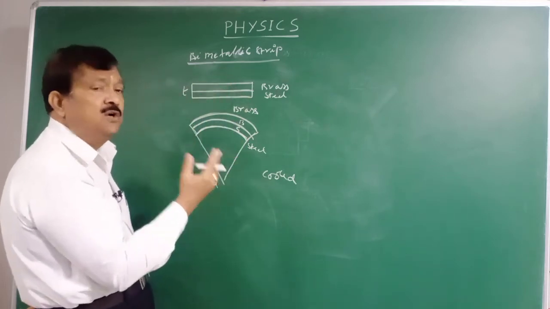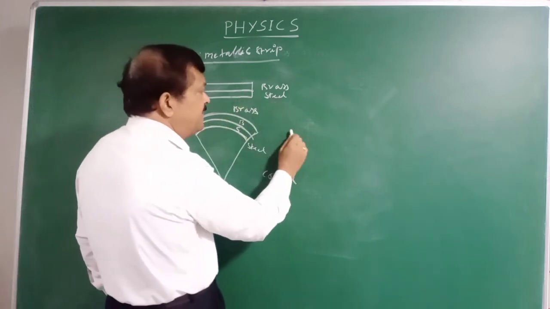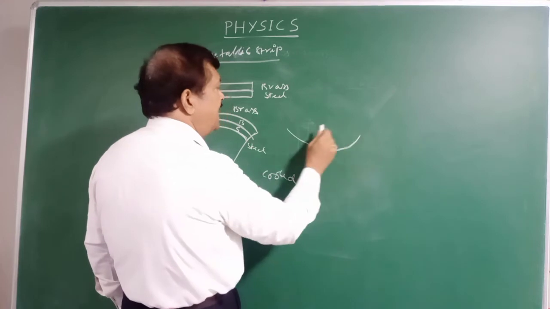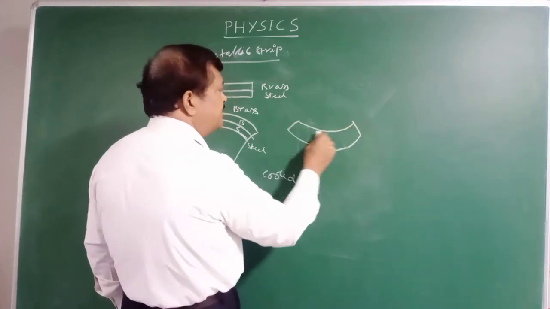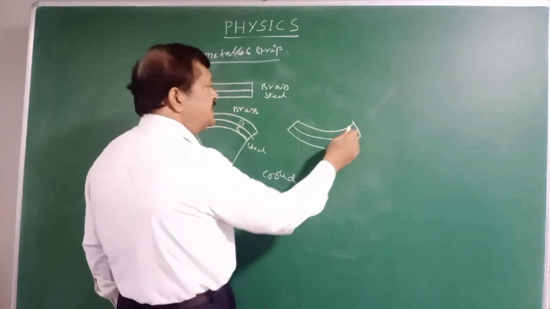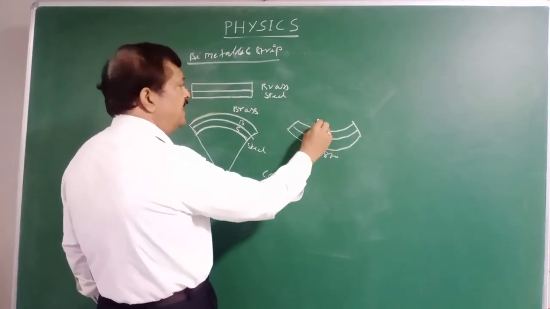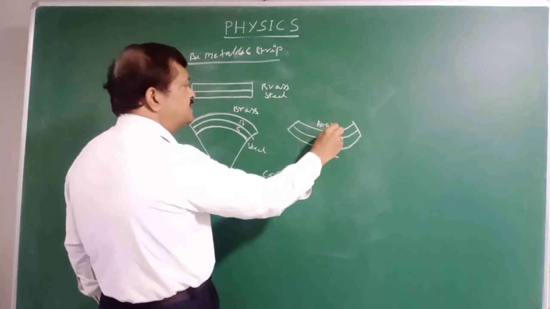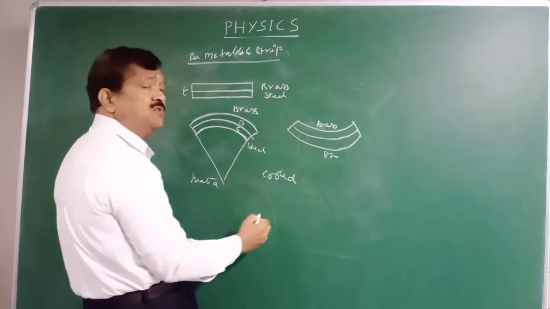Then what happens? To have a larger length, the bimetallic strip will be bending such that you will have the larger portion present outside and a smaller portion present inside, so that the larger one is the steel and the smaller one is brass. They are placed like this. So it is bending such that the steel is outside.